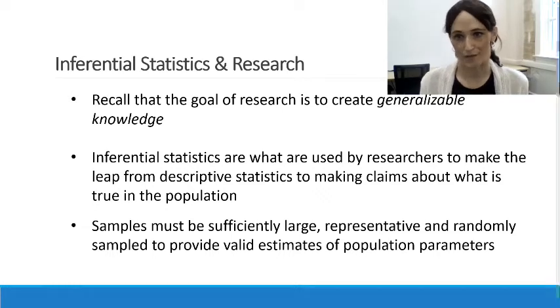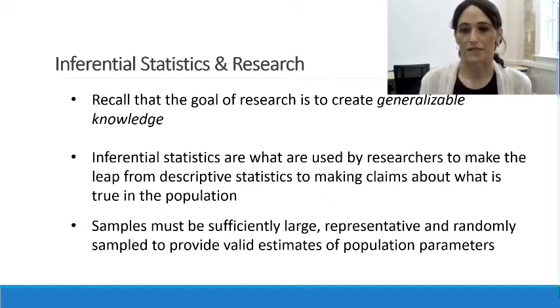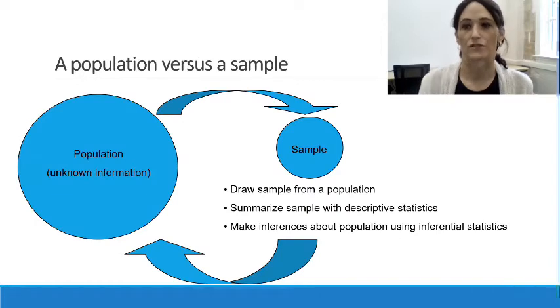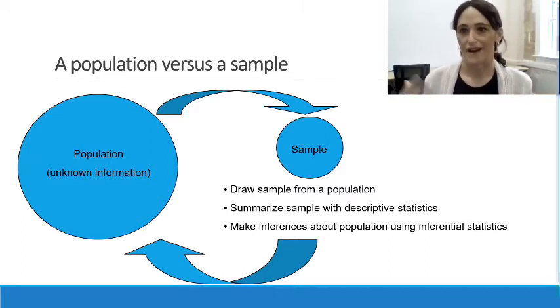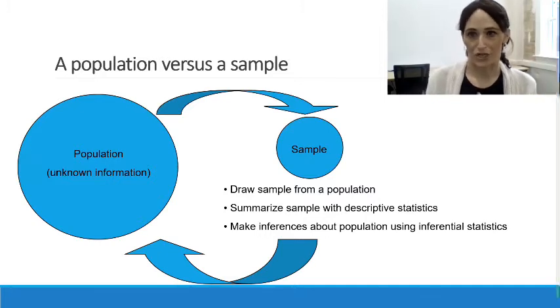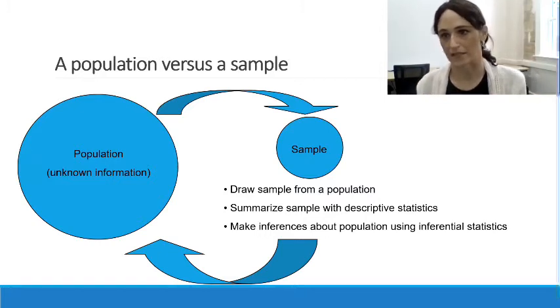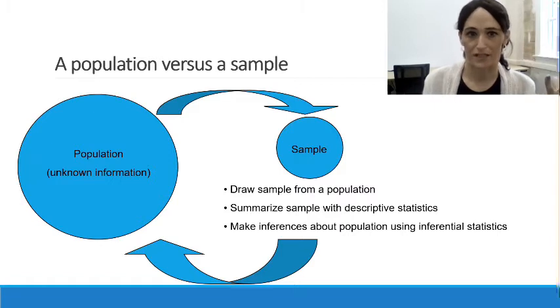And I've used this term parameters, and that's specific to populations, as we'll see here in a moment. So let's think about a population versus a sample. A population is something we don't know everything about, right? That's why we do a study. We don't have access to information on everyone that we're interested in, let's say, who have a specific disease or receive a specific intervention.